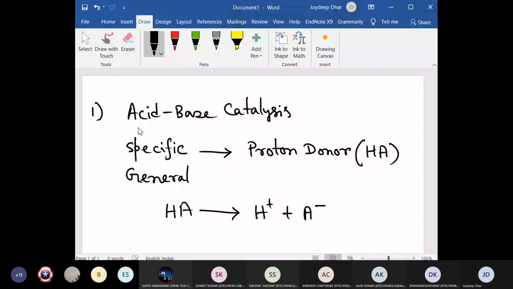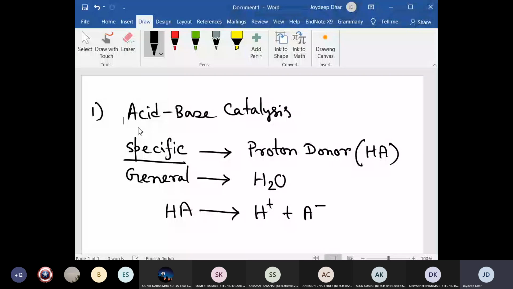When some acid is required to carry out a reaction as catalyst, it is known as specific acid catalysis. Sometimes an acid is not required, like water, or another source which is not actually an acid by donation of proton.